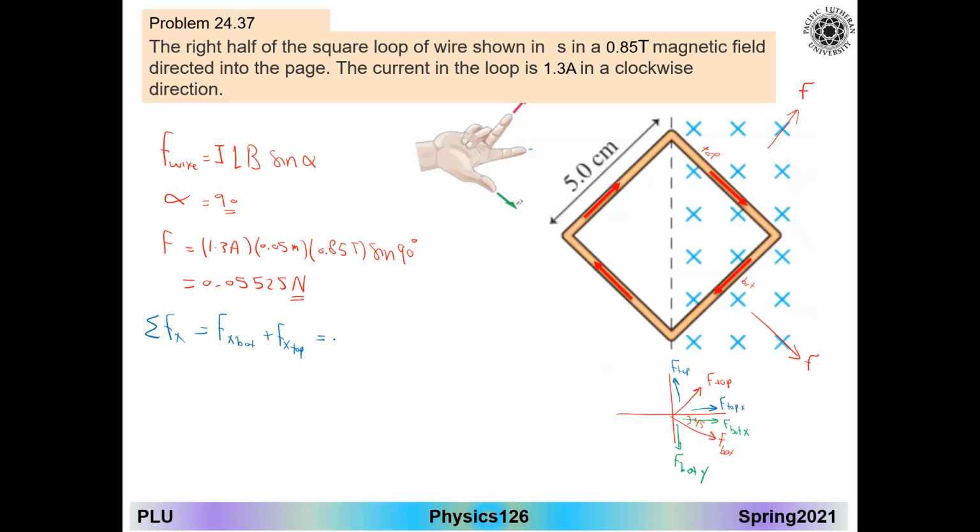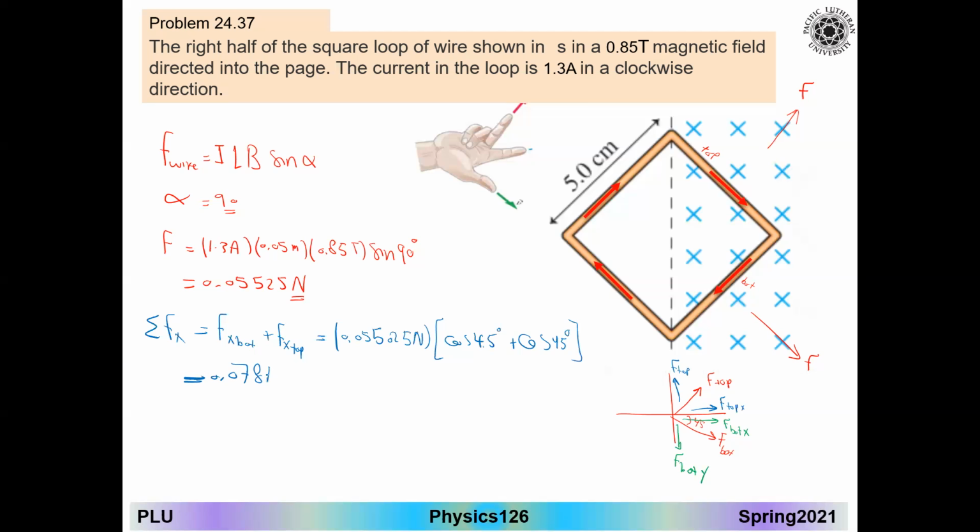We have the same quantity for both, so it will be 0.05525 Newton times the cosine 45 degrees plus cosine 45 degrees for the second part. This quantity will be 0.078 Newton.